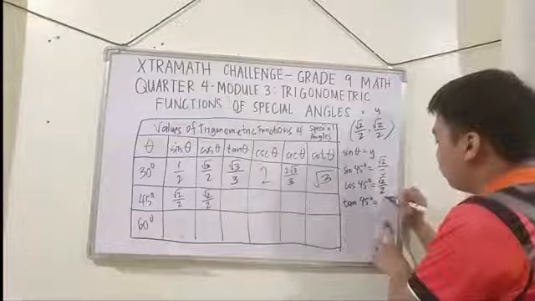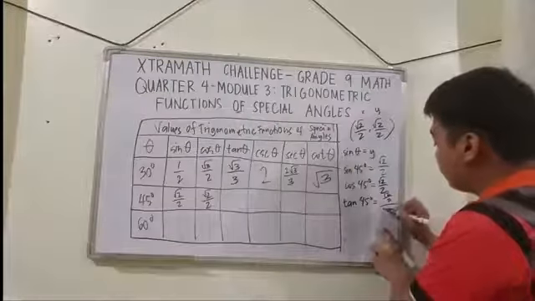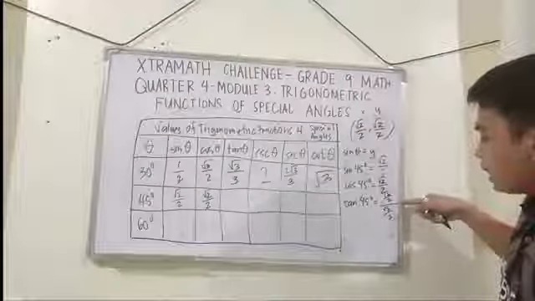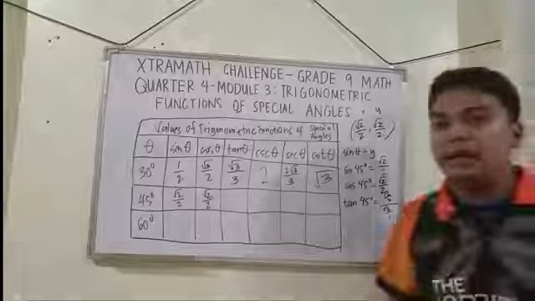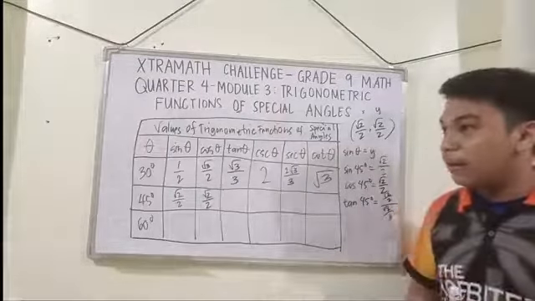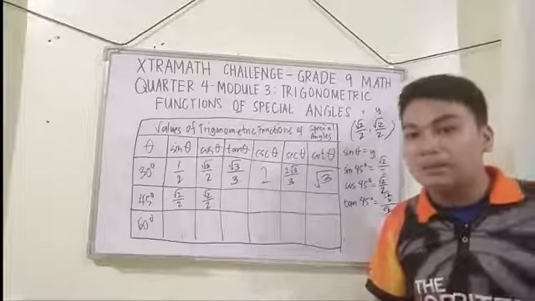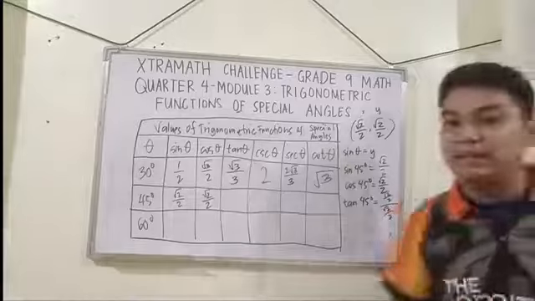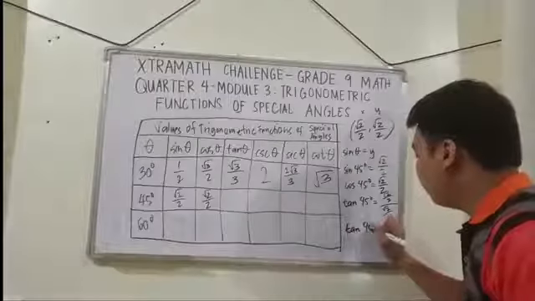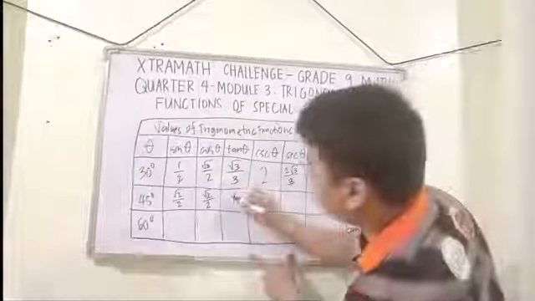Our y is square root of 2 over 2, and the x is equal to square root of 2 over 2. As we can see, the numerators and denominators are equal. And if the numerator and denominator of a fraction are equal and not equal to 0, the answer is equal to 1. So tangent 45 is equal to 1.